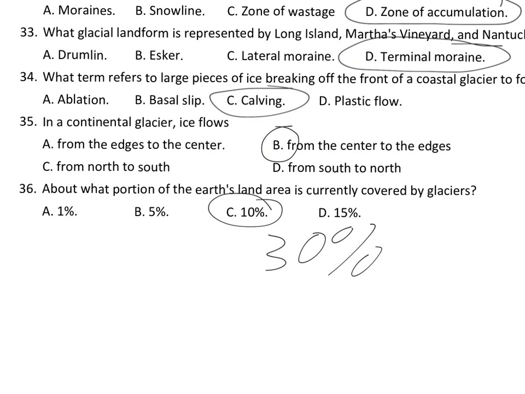Then you want to go through depositional features, so whether it's types of moraines, lateral, medial, ground, recessional, terminal, or other depositional features like drumlins, kames, eskers, outwash plains, kettles. You want to be ready to be able to identify those things.